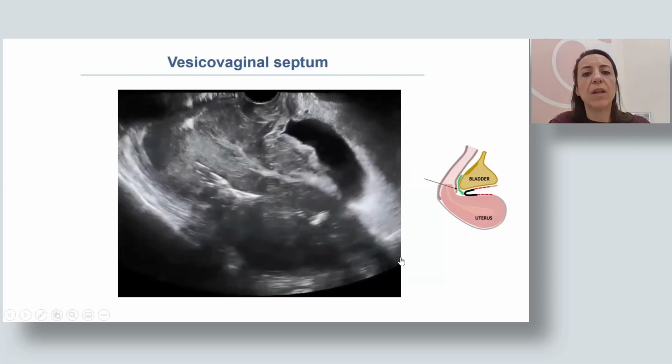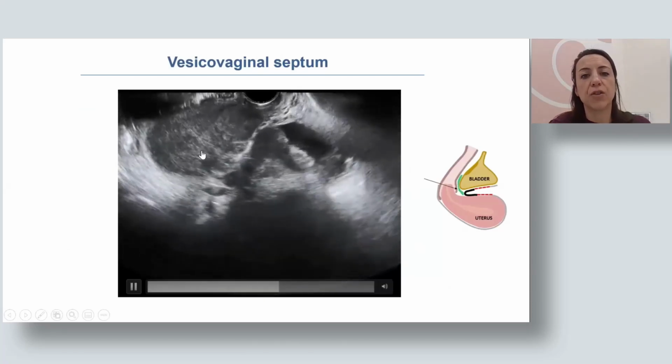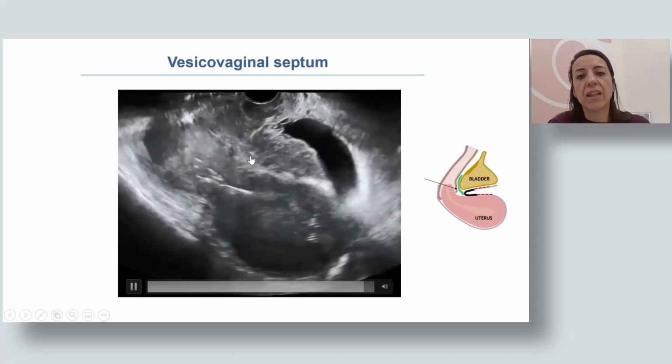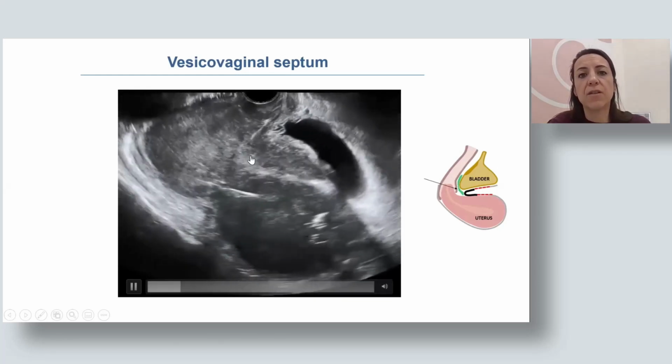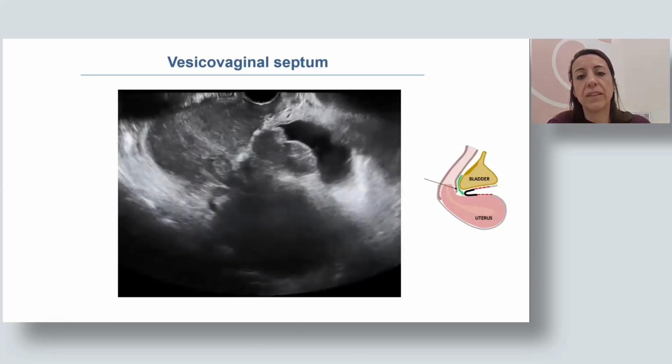In this video, we can recognize a large cervical tumor infiltrating the bladder. And we can observe that the vesicovaginal septum is fixed, is obliterated.